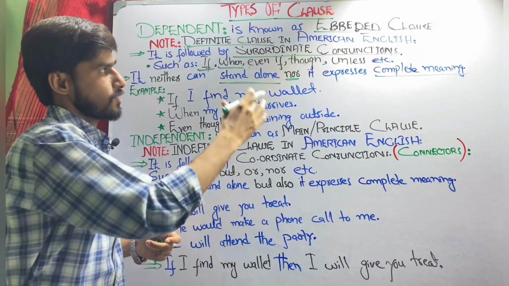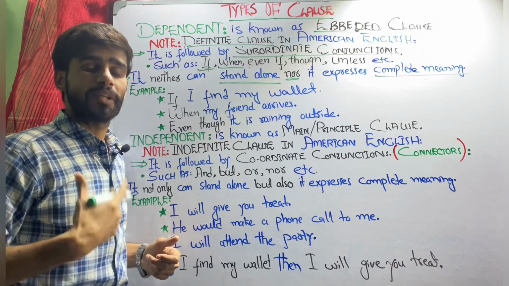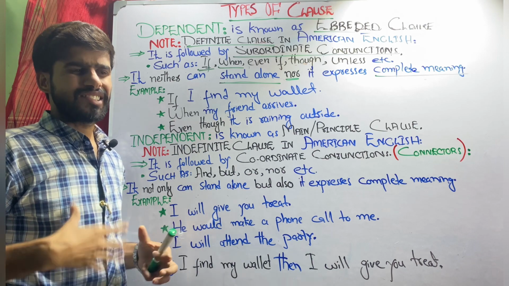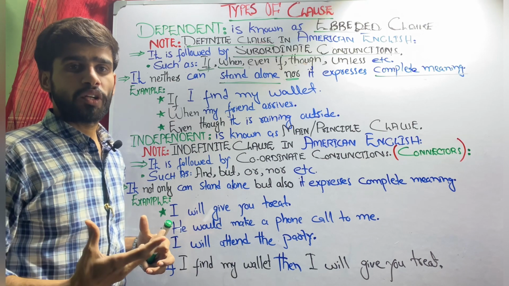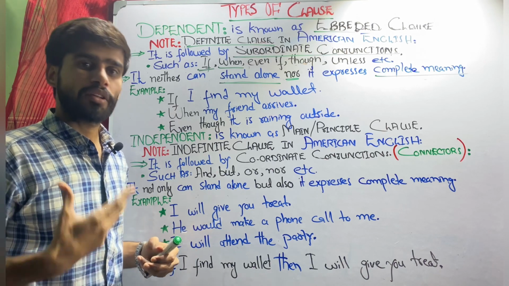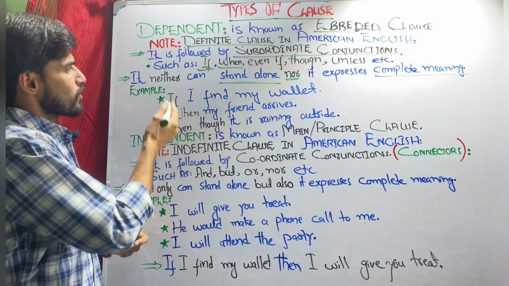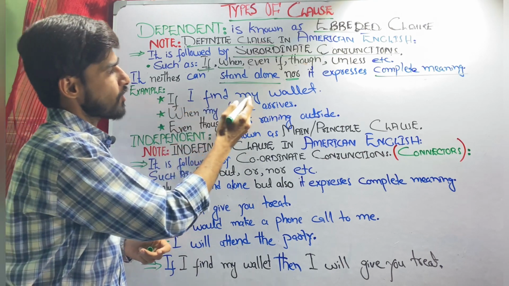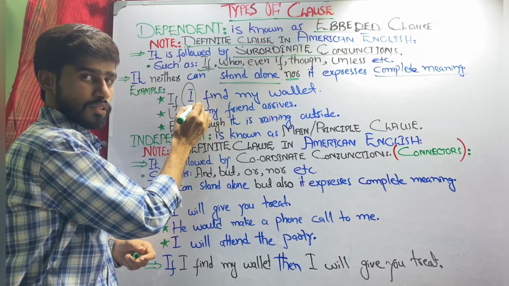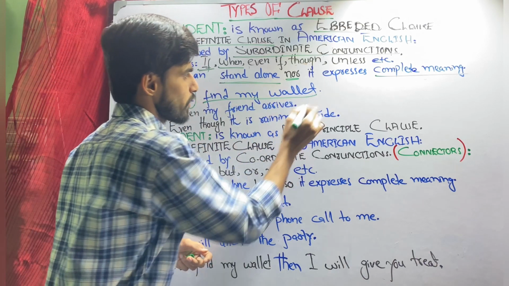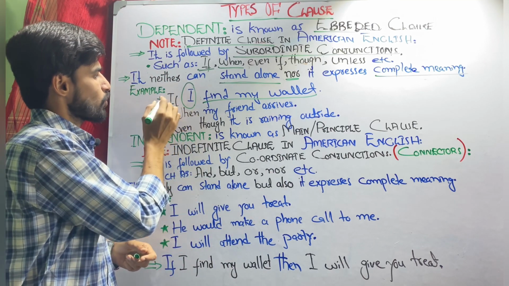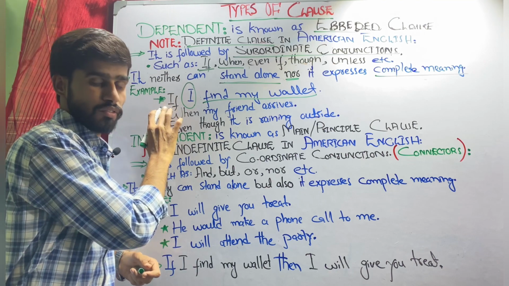Even though a dependent clause has a subject as well as a predicate, it does not give a specific sense of meaning like an independent clause. For instance, if we say "if I find my wallet", here is a subject and this one is the predicate, and this dependent clause is known as an if clause because it begins with if.